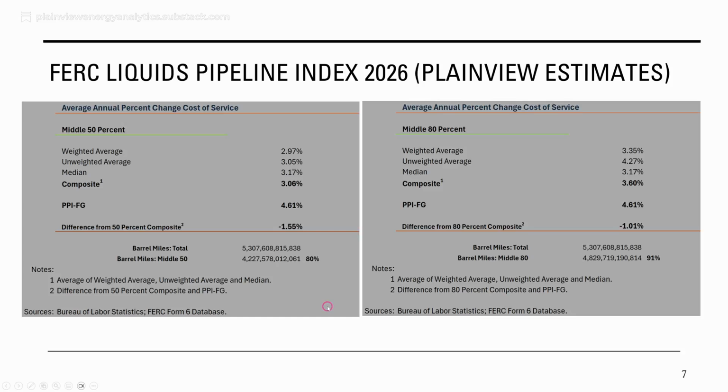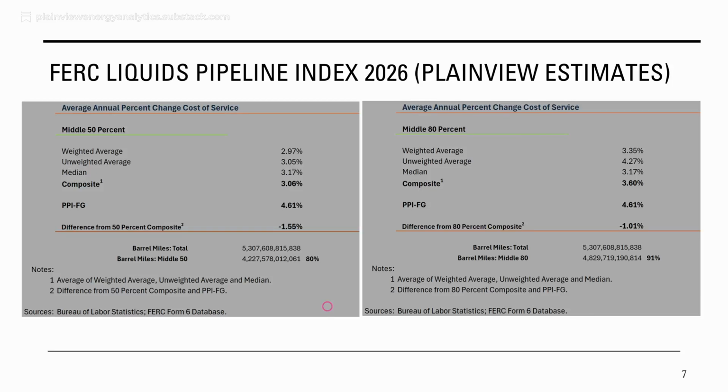Okay, so let's get into the meat of the analysis that I've done. I've taken the FERC data from the last 5 years, all the cost data for all the pipelines, and cleaned it to the best of my ability, adjusted for some obvious M&A on some pipelines, and did my own analysis, very similar to the work papers that the FERC puts out for the analysis they do when they calculate what the inflation adjustment or the index adjustment should be for the next 5 years.